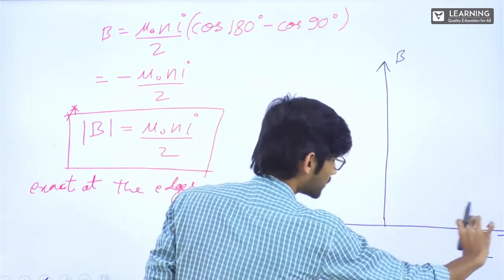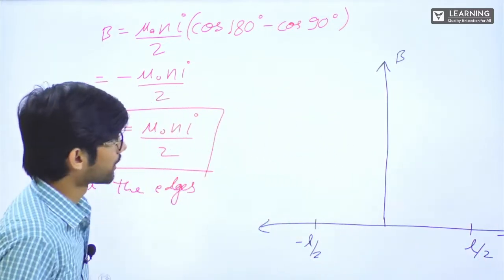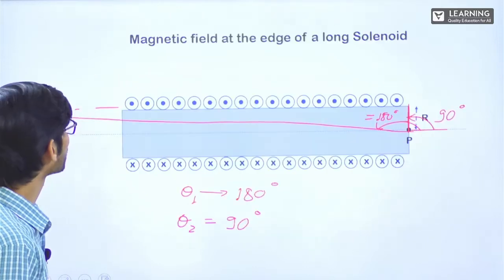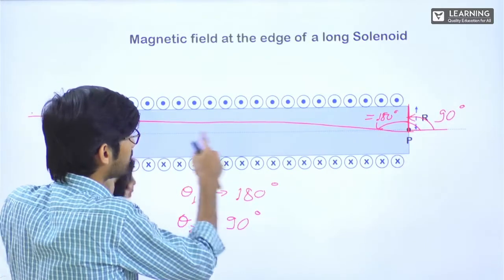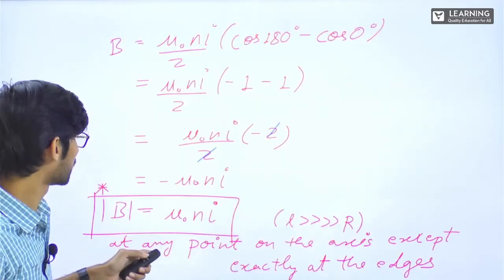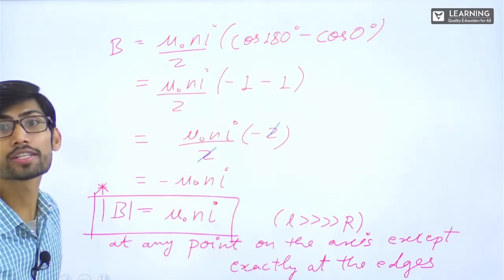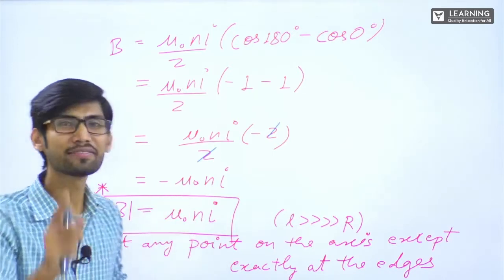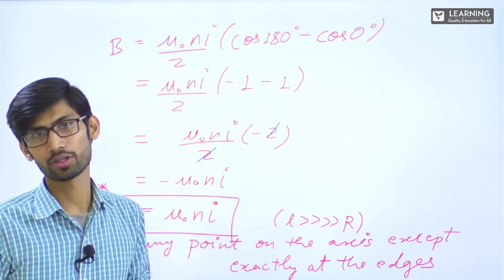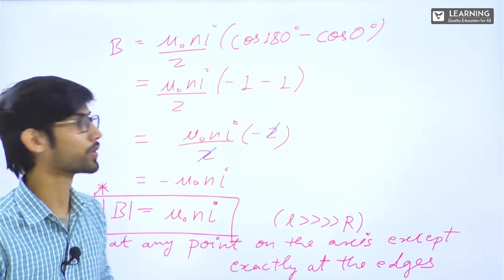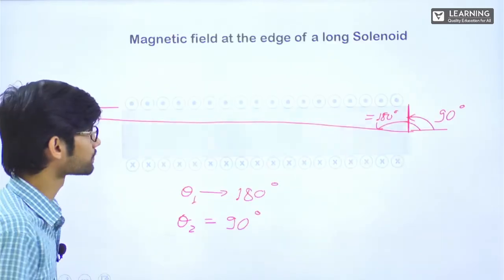Like this. For this solenoid, I told any point except the edges, the magnetic field will be mu naught Ni. That is constant, right? For an infinitely long solenoid, magnetic field inside the solenoid is constant. Always remember. Okay, that is mu naught Ni.